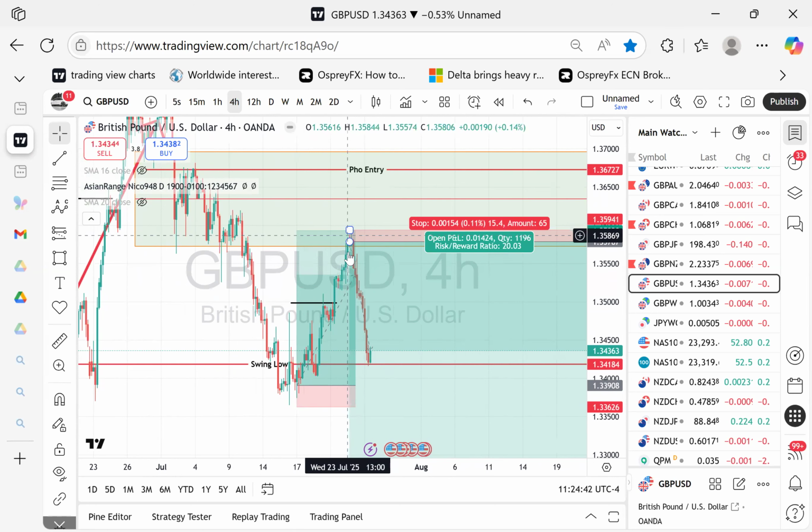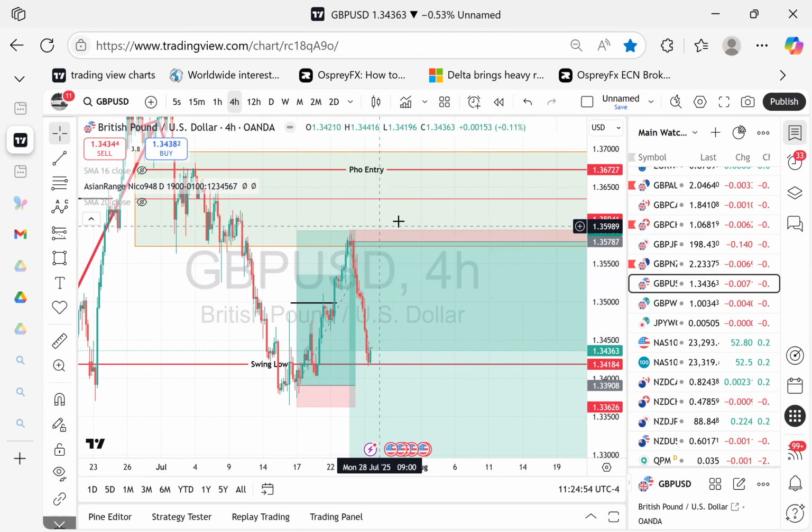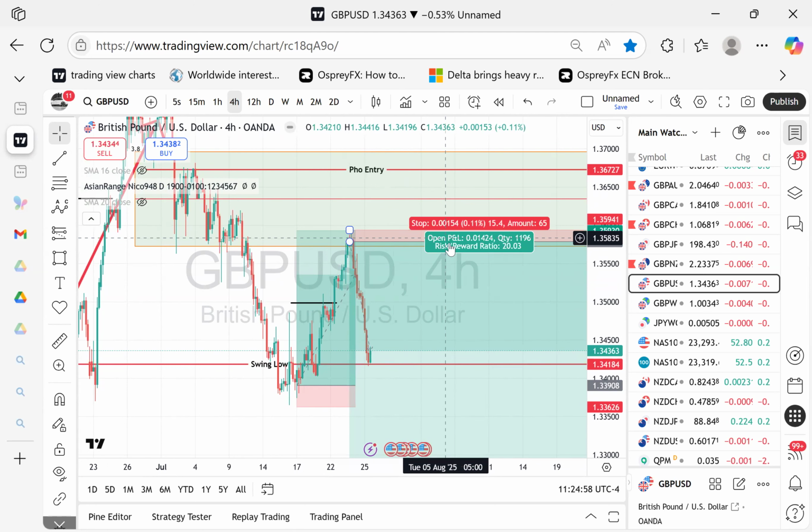So if this is pushing down, like this pushed all the way down, you don't really get a change of character, or at least I don't see one. I would just call this a straight move. If this move breaks this high, now I have a change of character and it turns bullish on this 4-hour chart. Does that make sense? Yay or nay?